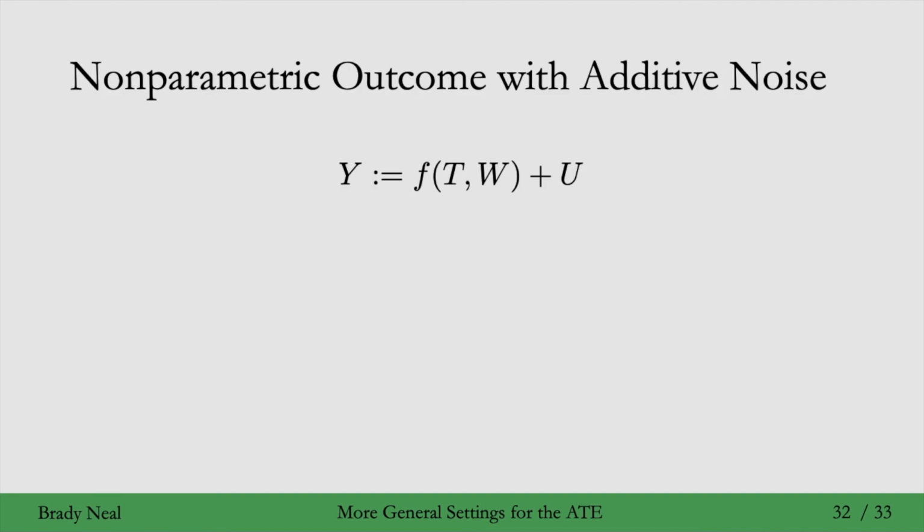In the first class of methods, they let us model the structural equation for y as some very flexible function of treatment and observed confounders, plus some additive unobserved noise. So the really important assumption here is that the noise is additive. We don't have a function f where the arguments are t, w, and u. Rather, u only enters into the structural equation for y additively.